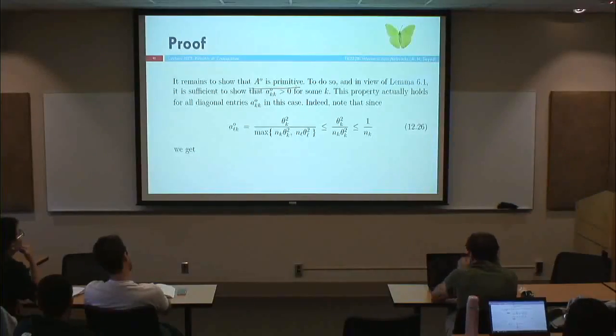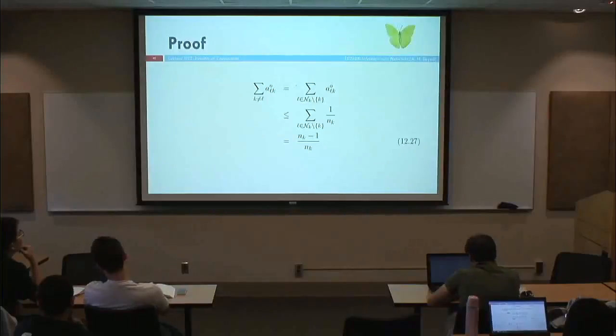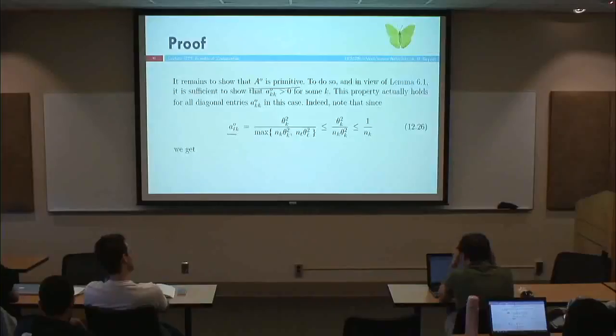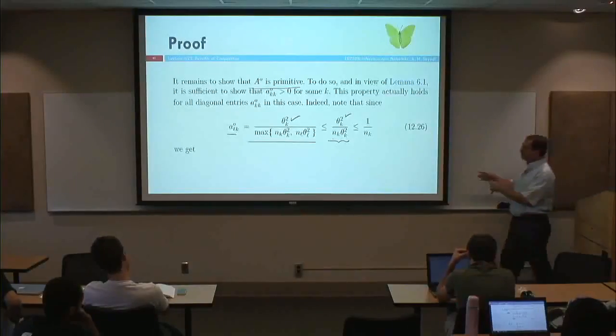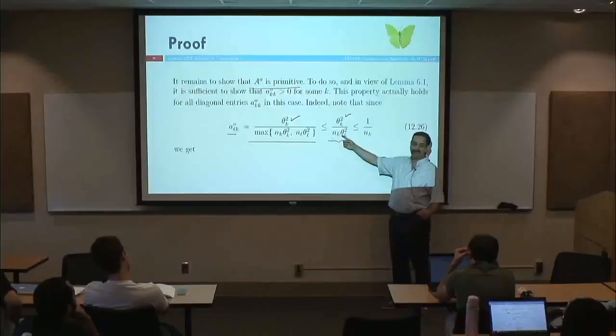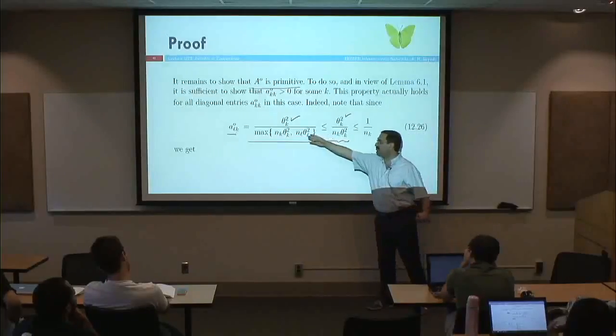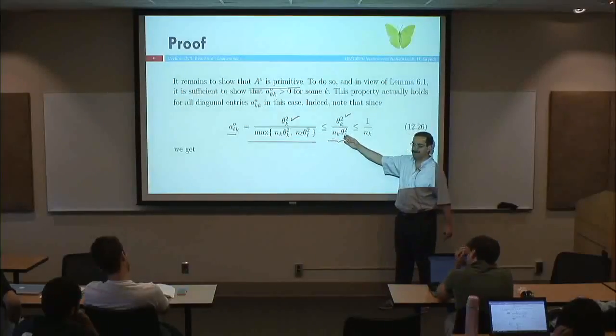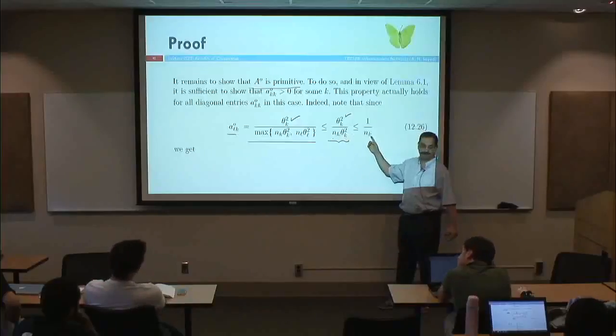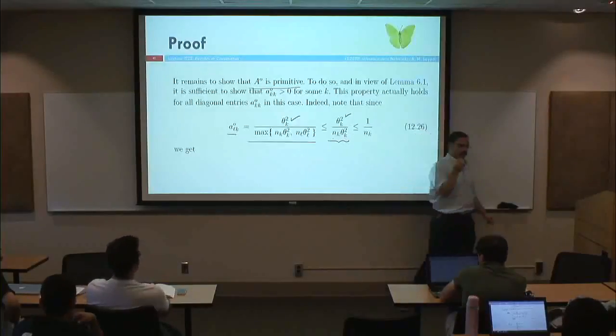The way I'm doing it, just so that you see, this is the expression for a_lk, right? This is definitely smaller than the numerator. I keep it unchanged. The denominator, this could be the maximum or the smaller value. So obviously this is always smaller than that, which is smaller than this. Okay, so this property holds.